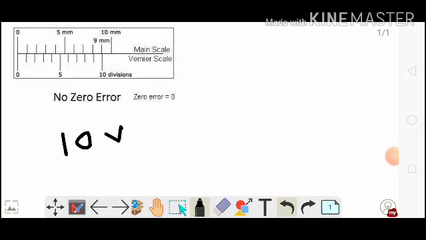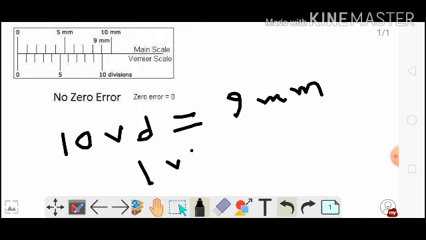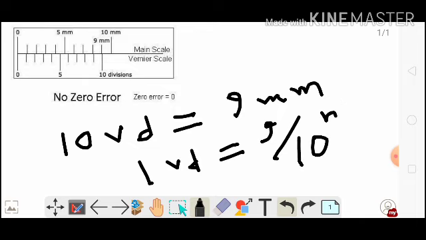10 vernier divisions equal 9 millimeters, right? So 10 vernier divisions equal 9 millimeters. So 1 vernier division will be equal to 9 by 10 millimeters.